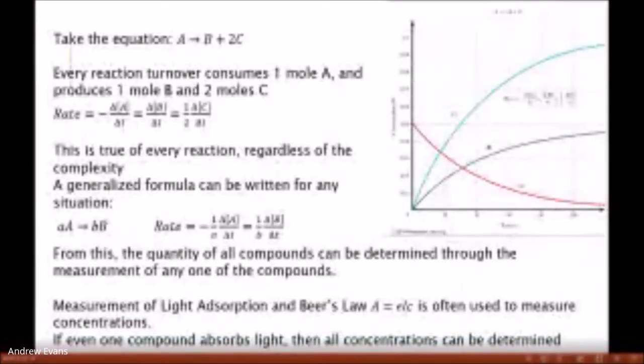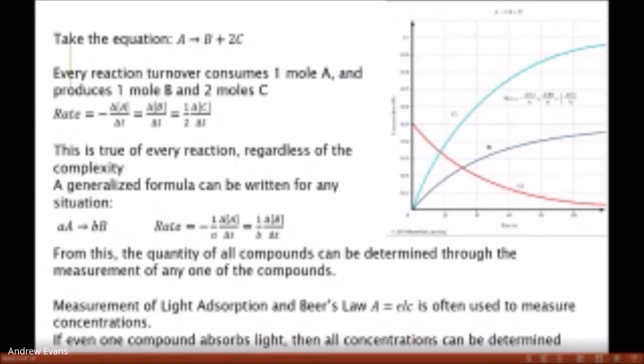If I know how much A is left, that 50% of A has been consumed, we know that 50% of all possible B has been consumed. We know that 50% of all possible C has been formed, and that would be double the concentration of B.